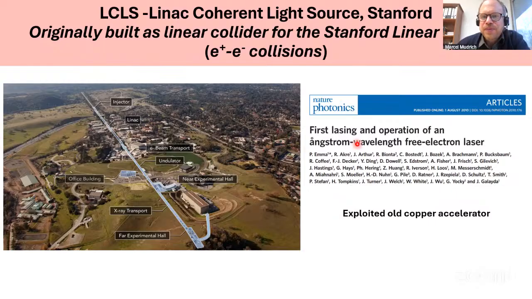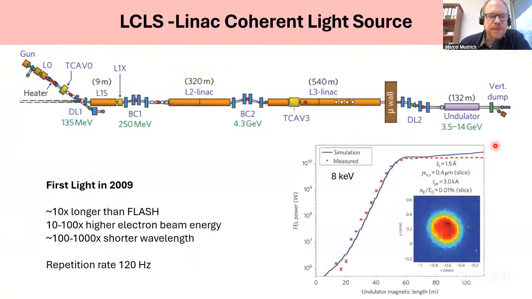First lasing in the angstrom wavelength range was achieved in, what's the date? 2010. So 10 years after FLASH, or okay, first light actually 2009, reported in 2010.